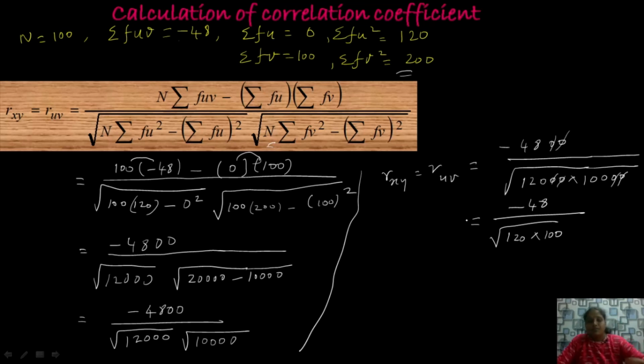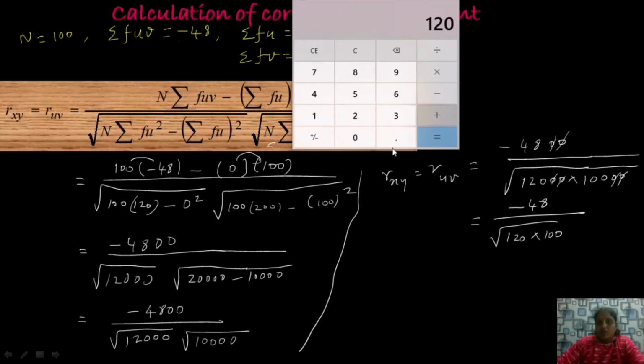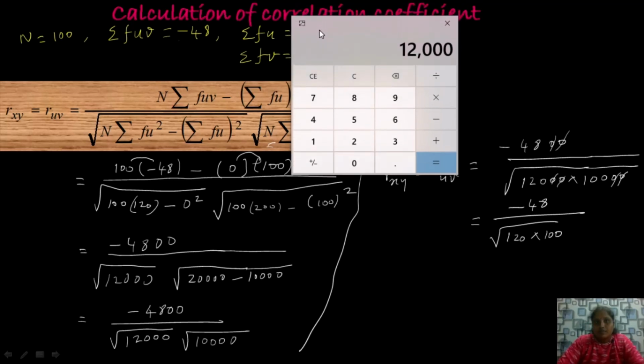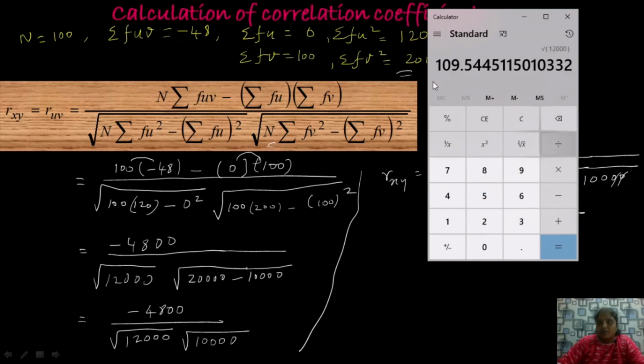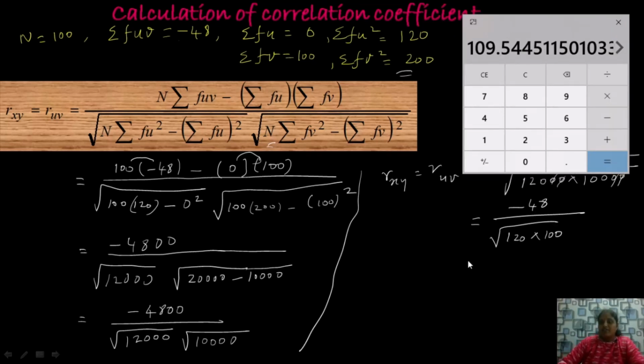So 120 with 100 we get 12,000, and if we take the square root of this, we get 109.54. We have to take up to 2 decimal places, so 109.54.